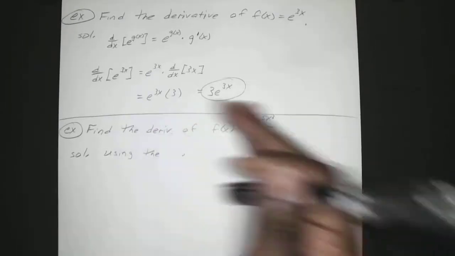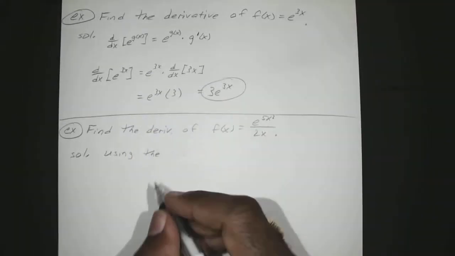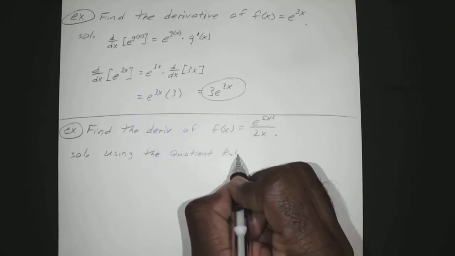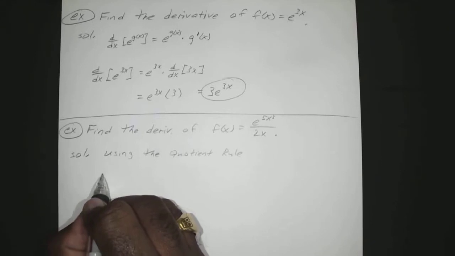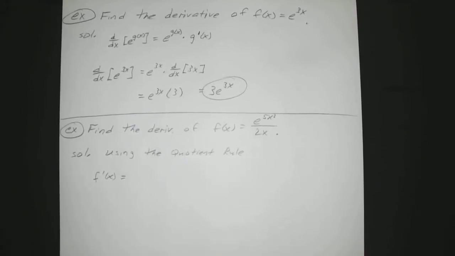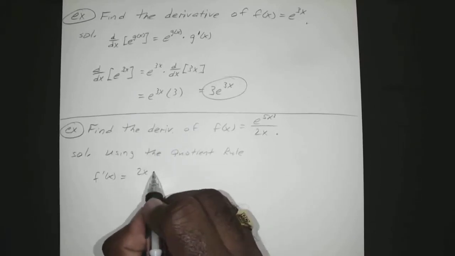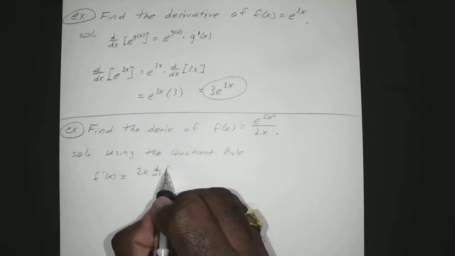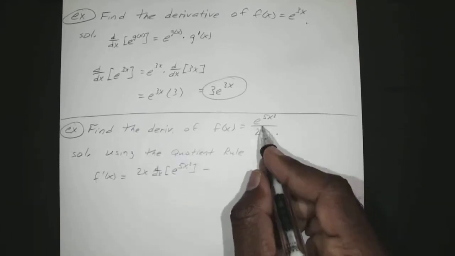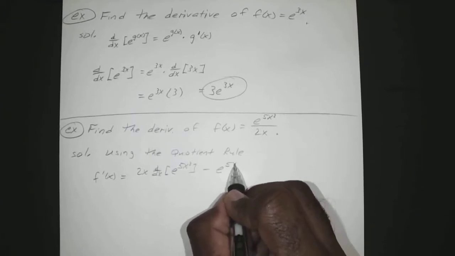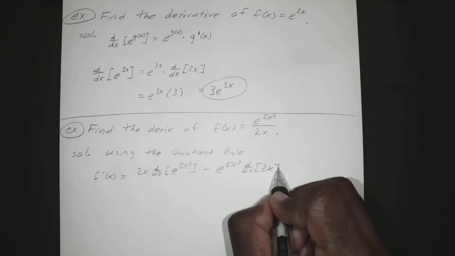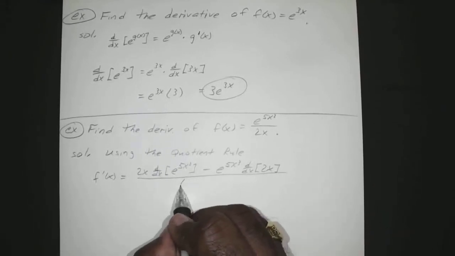Okay, so let's say f prime of x equals your denominator times the derivative of your numerator minus your numerator times the derivative of your denominator all over your denominator squared.